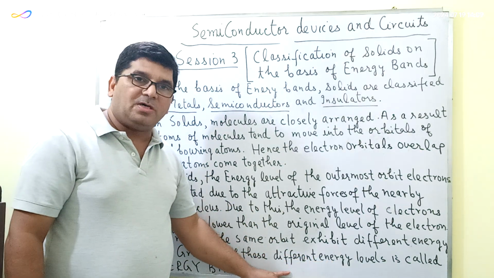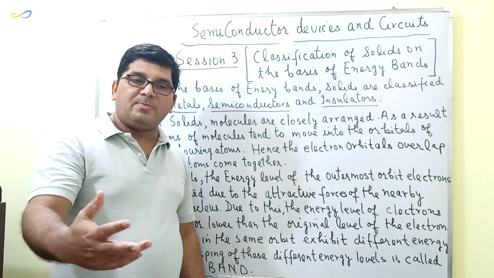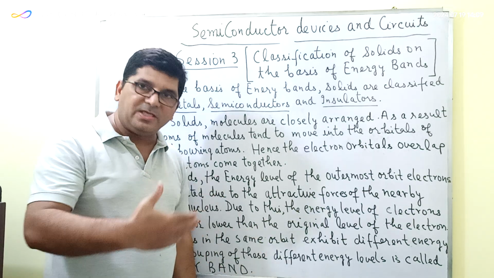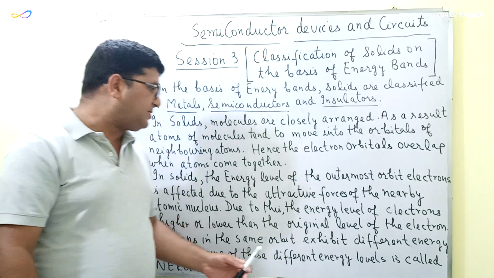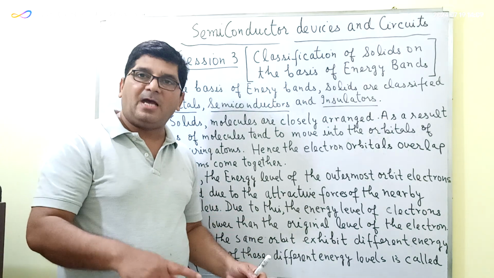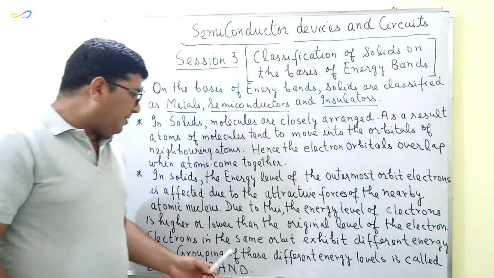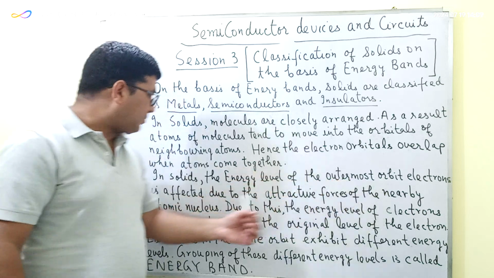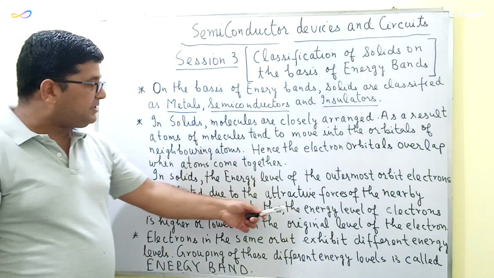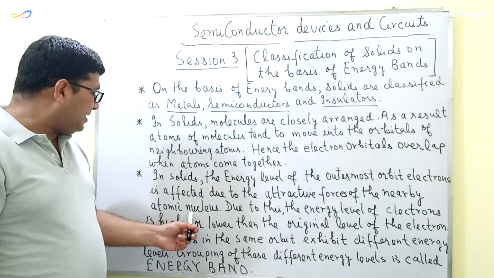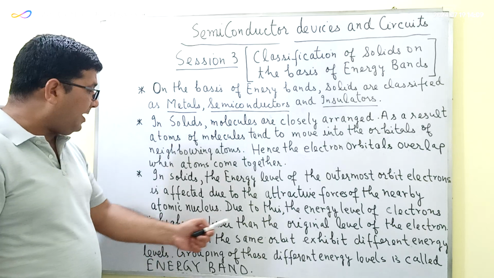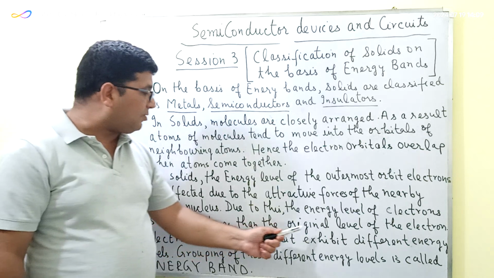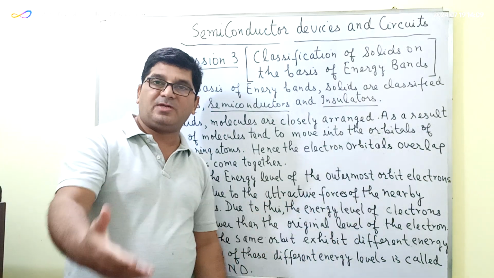Now, here I would like to give you one important point, that is, the electrons which are revolving in the inner orbits are not very much affected by the neighboring atoms or the nuclei. So, the energy level of the outermost orbit electrons is affected by the attractive forces of the nearby atomic nuclei, and the energy level of the electron as a result of it is higher or lower than the original energy level of the electron in the case of an isolated atom.